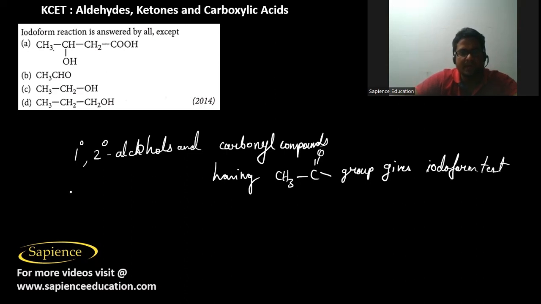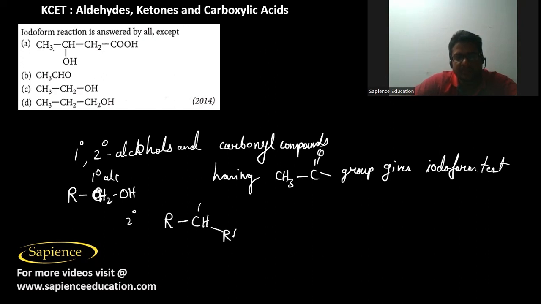Now, a 1 degree alcohol should be of the form RCH2OH. It can be a 2 degree alcohol also, of the form RCHR'OH, and here this R' can be any alkyl group or any aryl group.